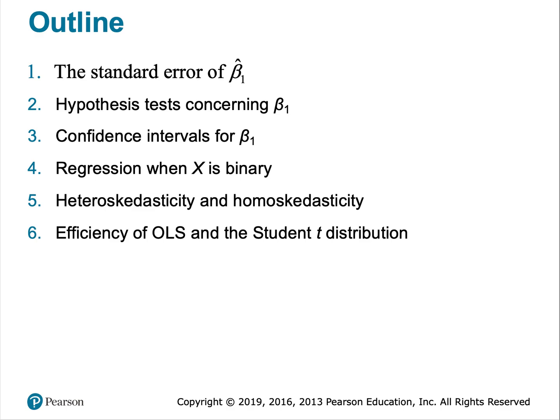We will look at regression when the independent variable is binary, so when it takes just two values, yes or no, 0 or 1. We discuss heteroskedasticity and homoskedasticity, which describes different conditions for the variance, and we will discuss the efficiency of OLS and the student t-distribution.